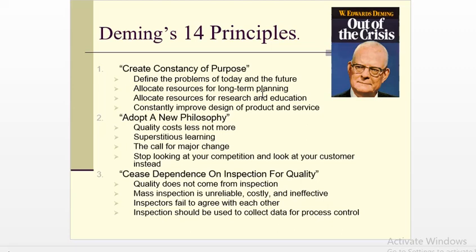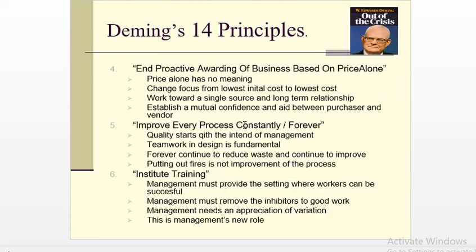So create the consistency of purpose. This is the first point explained by Deming. Adopt a new philosophy. This is the second point. Cease dependence on inspection for quality. This is the third. And end the practice of awarding business based on price alone. Improve every process constantly and forever, as Deming explains in his fifth point.